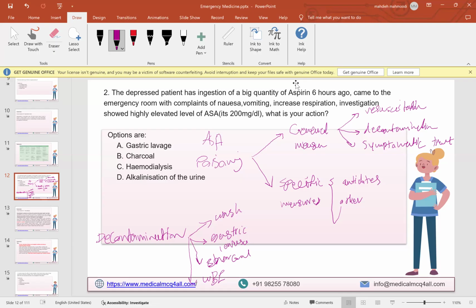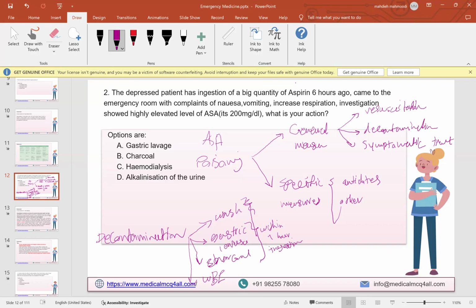So here's the thing. The gastric lavage and the charcoal you only give when you are sure it has been within 1 hour of the time of the ingestion, and of course, if there is no contraindication.